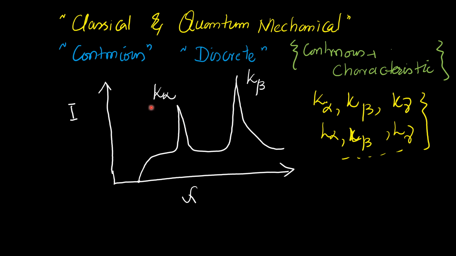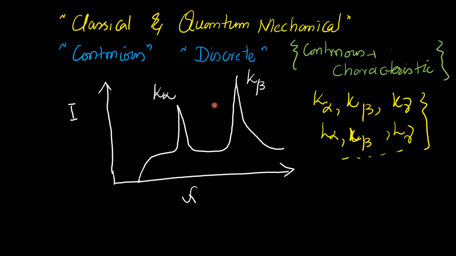Please keep in mind why these K alpha and K beta radiation peaks cannot be explained classically. According to the Bohr atomic model, atoms have energy levels or shells, and these shells have a specific amount of energy associated with them. So electrons present in these shells have a discrete amount of energy in every shell.